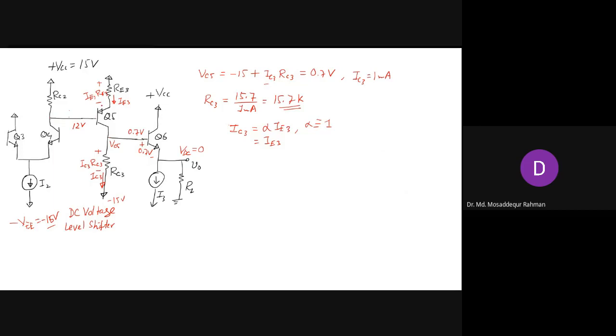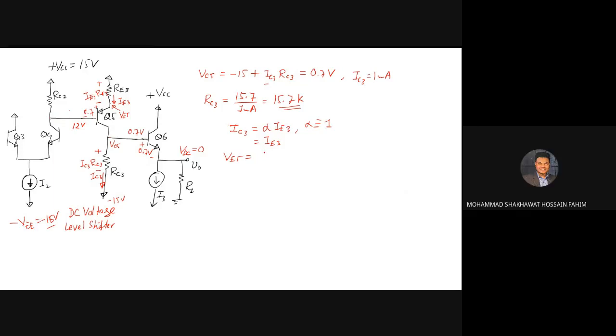And this is the PN junction again, so you have a 0.7 volt drop here, plus minus. So the voltage here, that is VE5, how much will VE5 be?